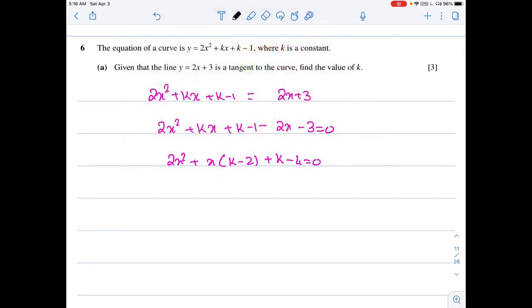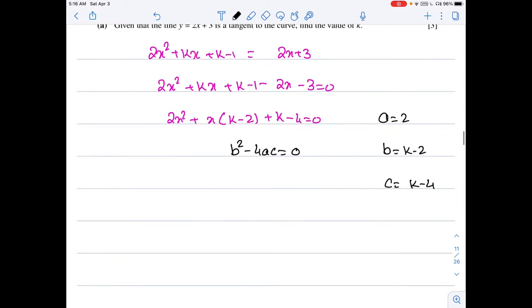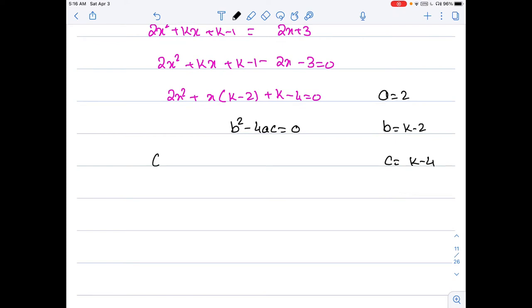Whenever it is a tangent, we know that the quadratic should form b squared minus 4ac is equal to 0. So a is equal to 2, b is equal to k minus 2, c is equal to k minus 4. So from there I get (k minus 2) whole squared minus 4 times 2 times (k minus 4) should be equal to 0.